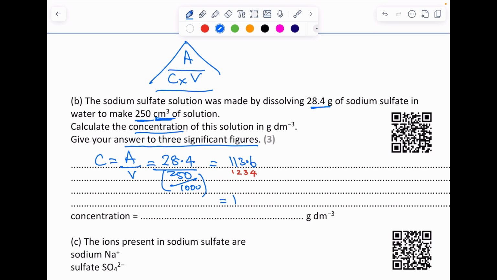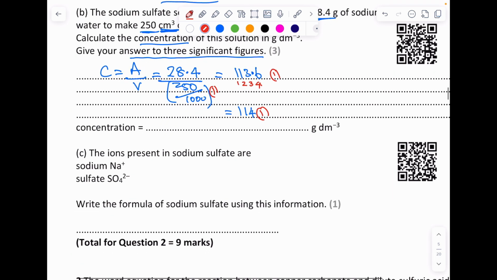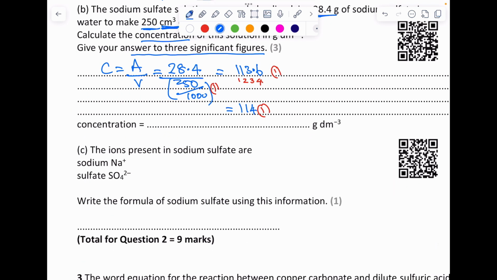Because figure number 4 is a 5 or greater, that's going to round up to 114 grams per decimeter cubed. Marks wise, 3 marks. 1 for getting this bit right, 1 for working that, and 1 to remember that we've got to divide that by 1,000.